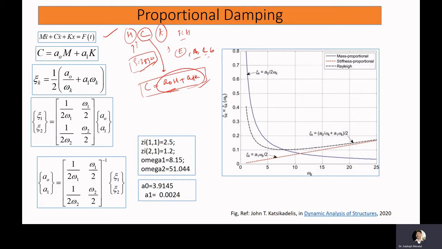Now the main problem is how to find A0 and A1. So we assume that the matrix will be a linear combination of these terms. Now here there are two unknowns, A0 and A1. Now A0 and A1 can be calculated from this formula.